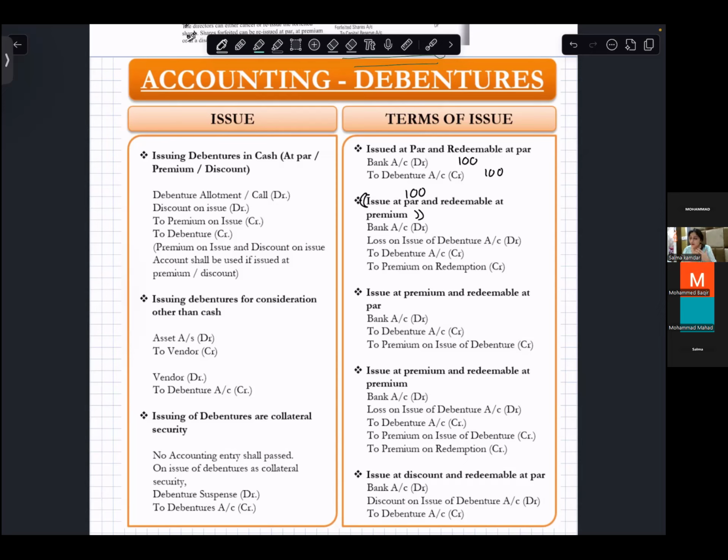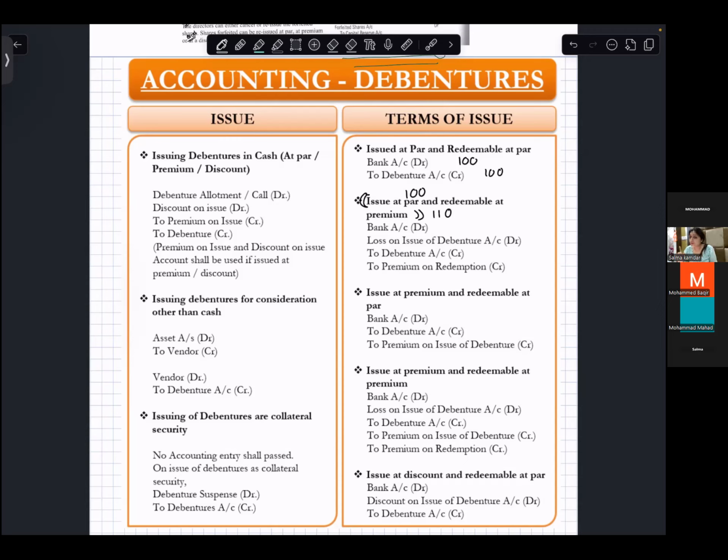Giving back. So how much are you going to give back? 100 or more than that? More than that, so maybe 110. So you issued at par, but you're redeeming at premium. You're going to get 100, but you're going to repay 110.